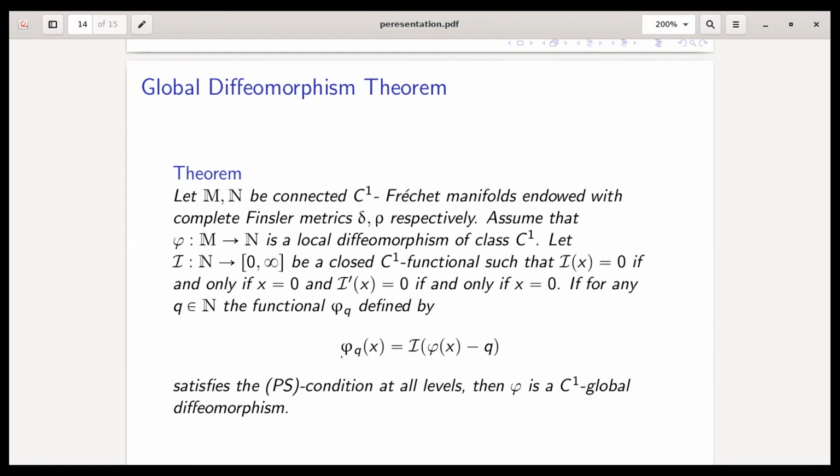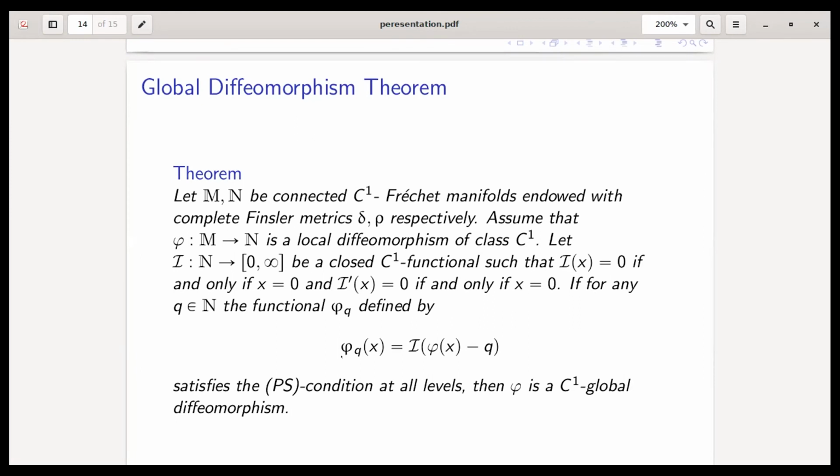Actually, this is the starting point for me to study this theory. Some years ago, I proved this theorem for the case of Frechet spaces by using the mountain pass theorem, but the proof was very technical and very lengthy.